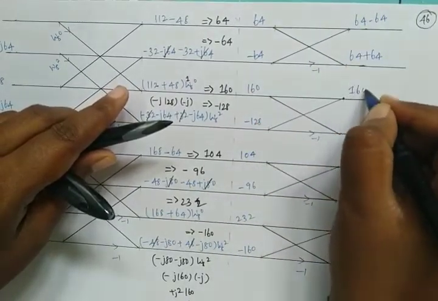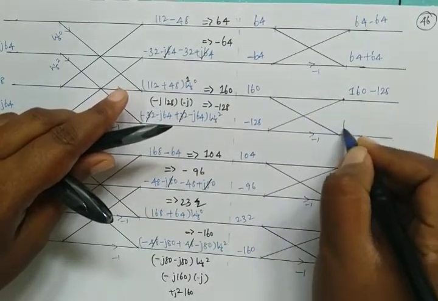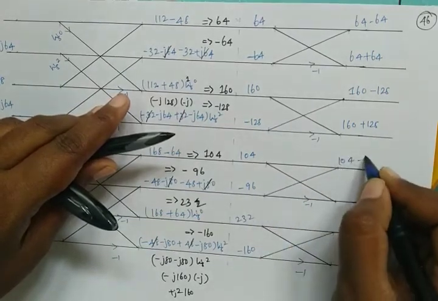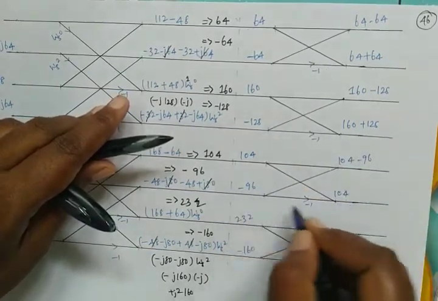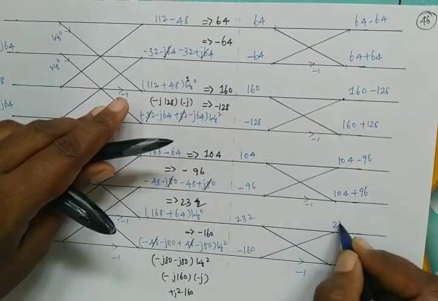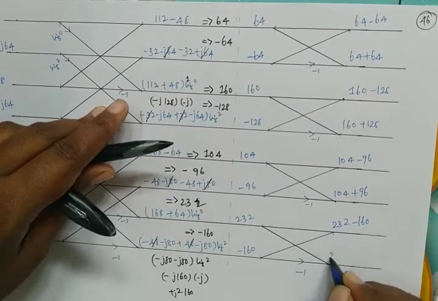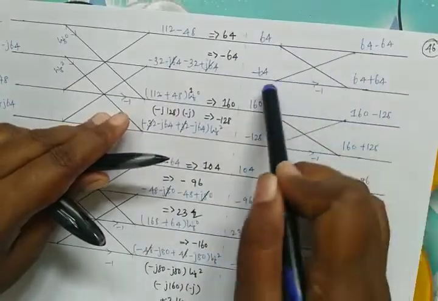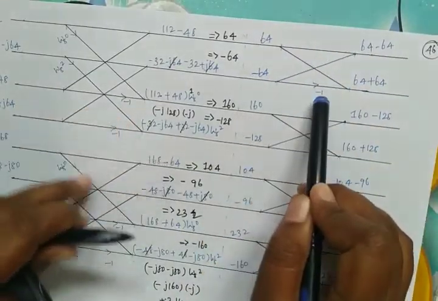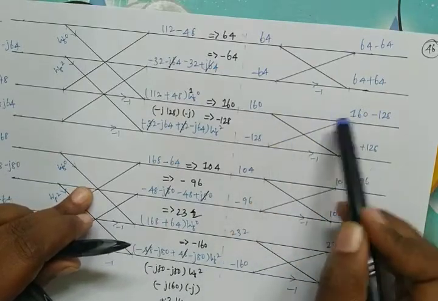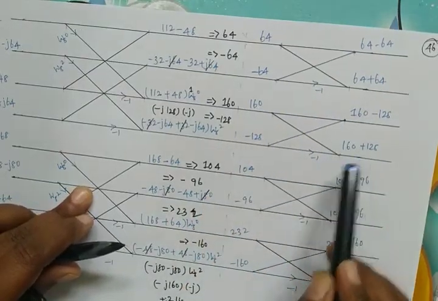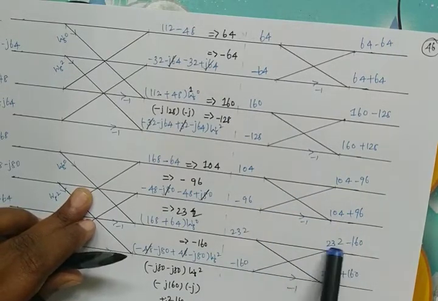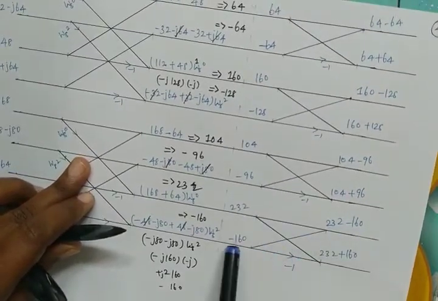Here it is 160 minus 128, 160 minus into minus plus 128, 104 minus 96, 104 minus into minus plus 96, 232 minus 160, 232 minus into minus plus 160.